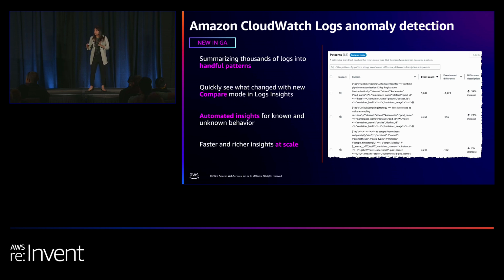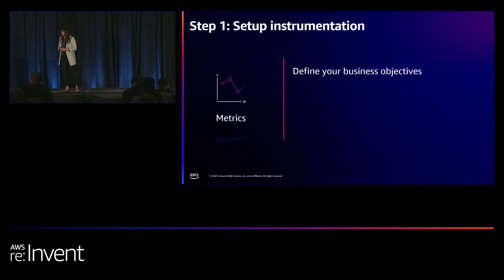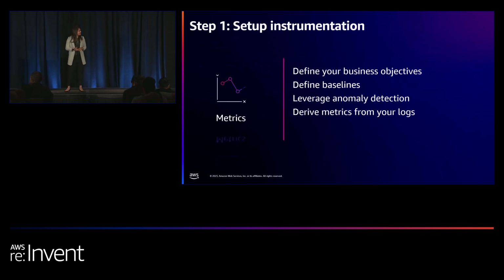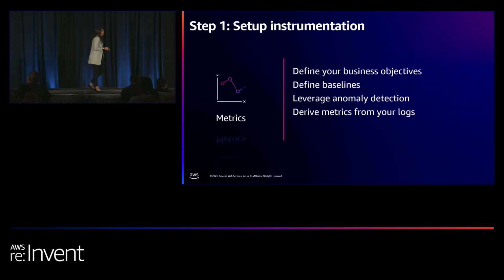But I want to move on to the second most important foundational capability, which is metrics. Defining the right metrics is extremely important to your observability strategy. Think of defining your metrics aligned to key business operations.